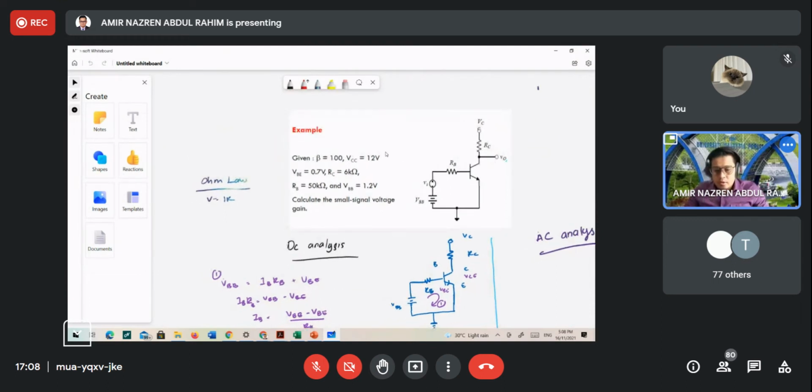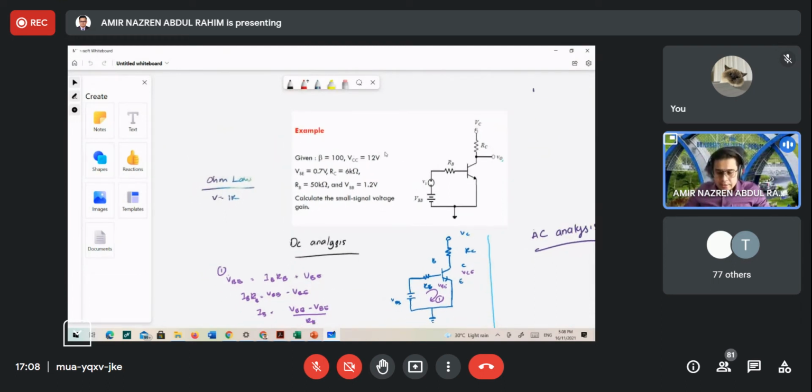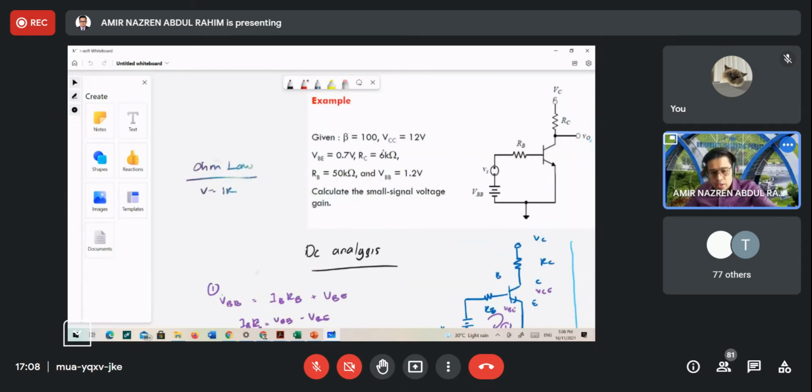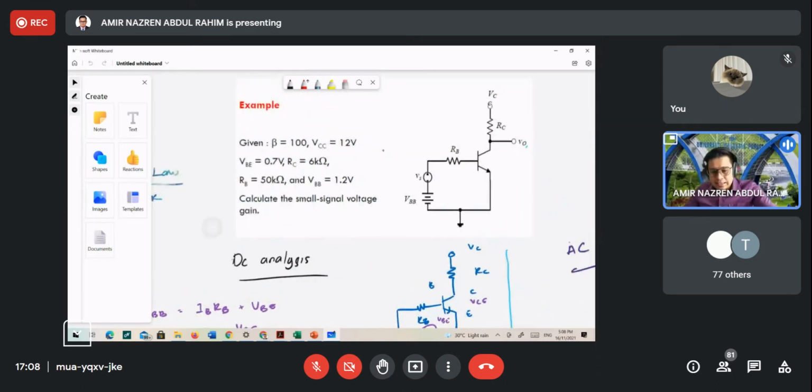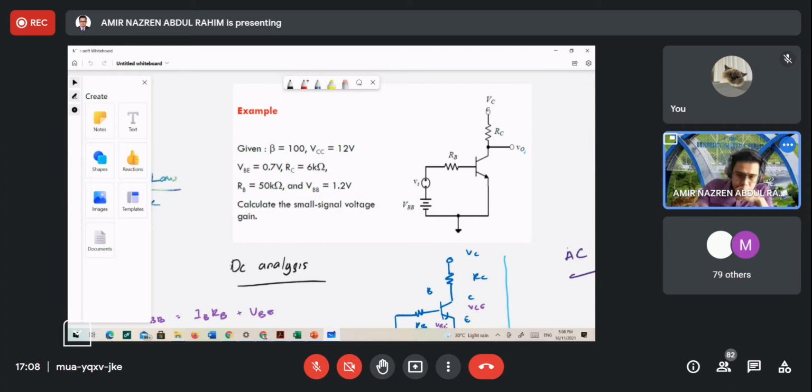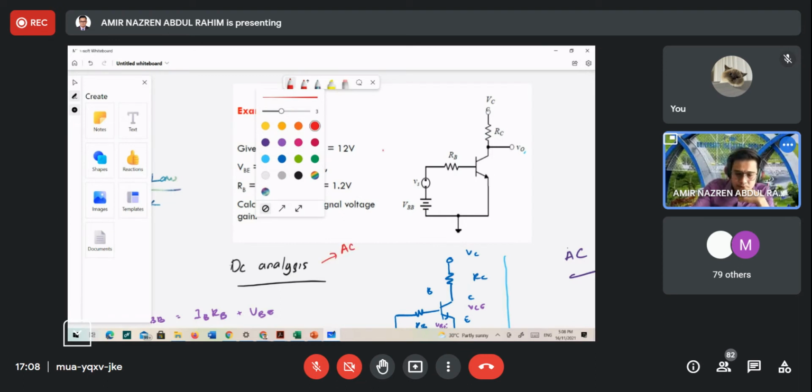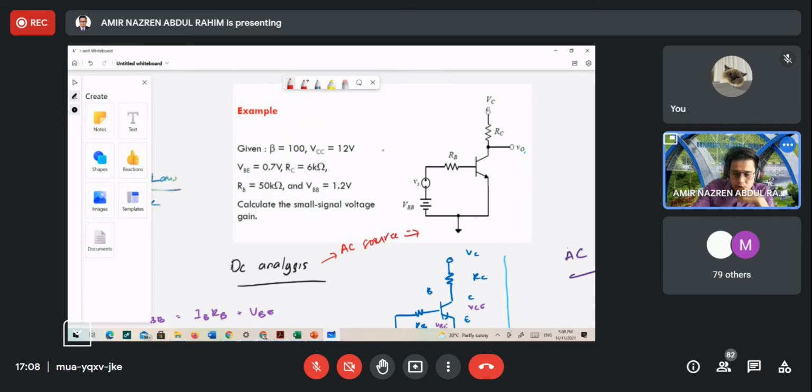All right. First of all, we need to do the DC analysis. So what rule do we apply during the DC analysis first? If you see the AC source, you need to short circuit it. If you see a capacitor, you need to open circuit it.